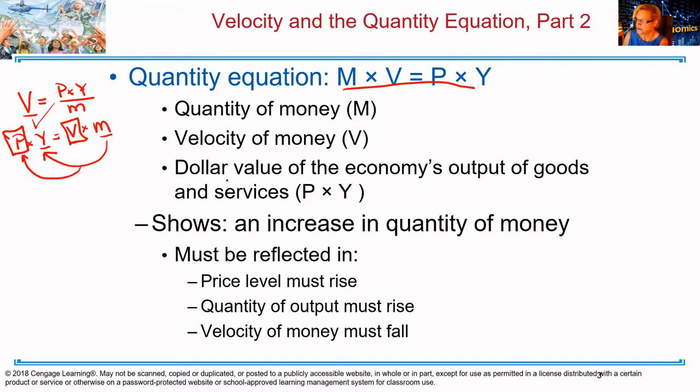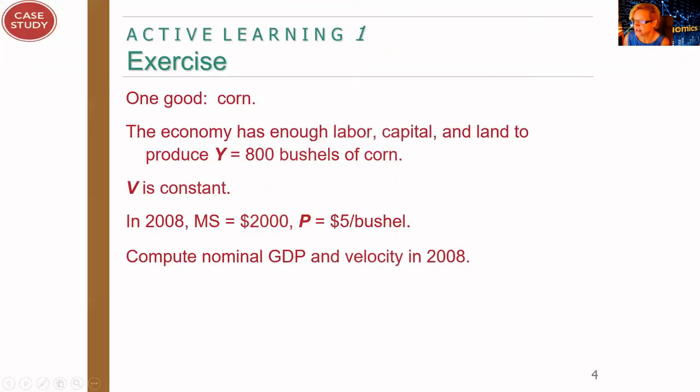An increase in the quantity of money, or the money supply, must be reflected in the price level. The quantity of output must rise, or velocity must fall. So the dependence of this equation becomes important. Let's take an example.